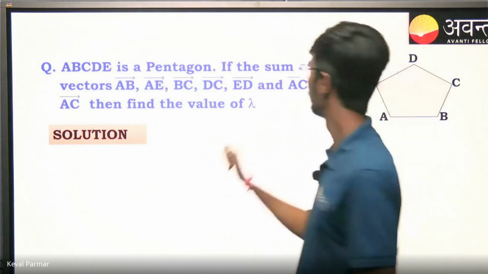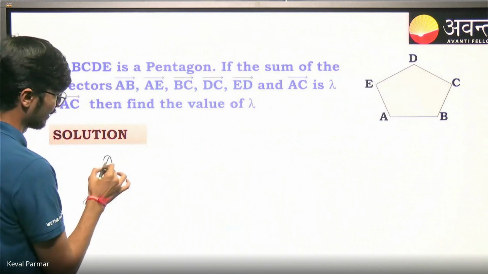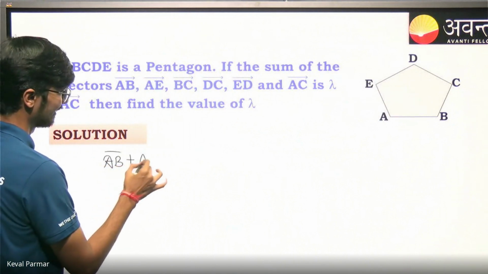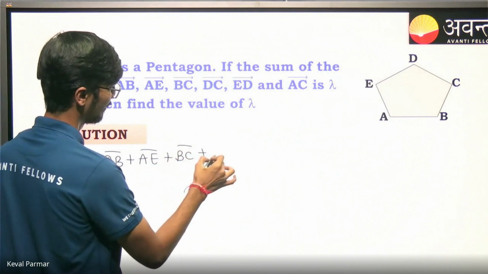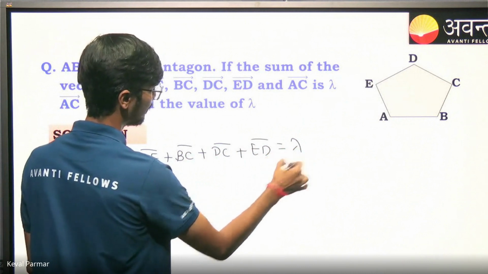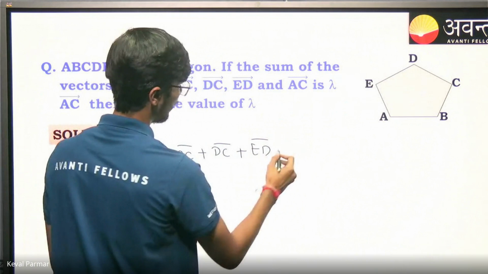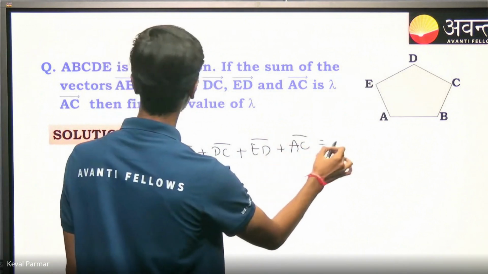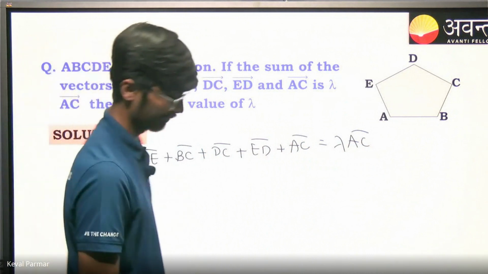If the sum AB bar plus AE bar plus BC bar plus DC bar plus ED bar plus AC bar equals lambda times AC bar, find lambda.